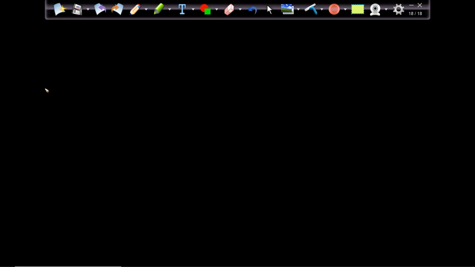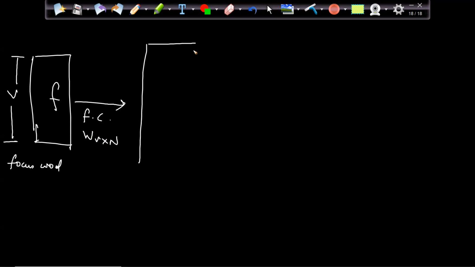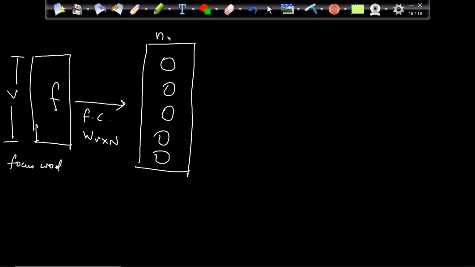So let's try to create the architecture. I'll have a focus word, which is my V dimension. This is my focus word. Again, this is a fully connected network, again with V dimension. So the word is coming in, V cross N, where my hidden layer consists of N neurons, N dimension.